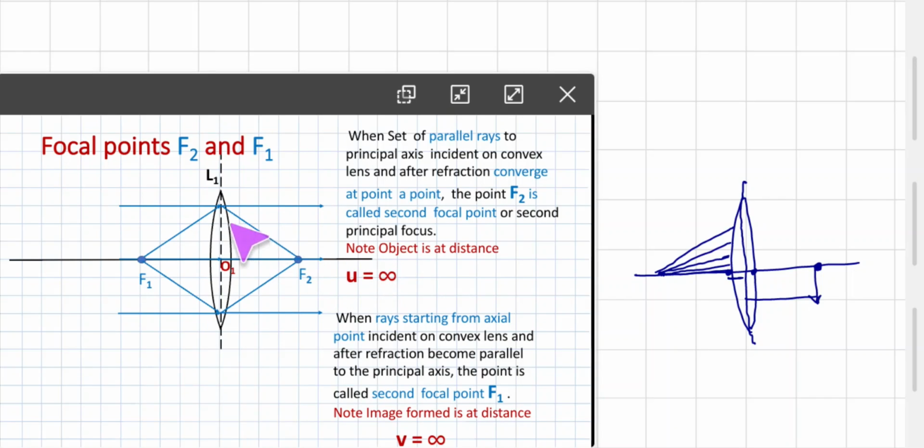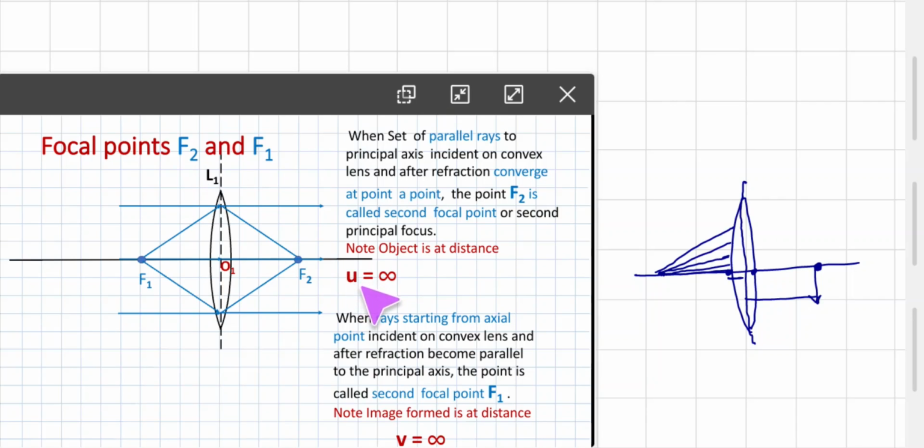So the important thing is that in the first case, the object was at infinity and rays were coming parallel, and refracted rays were meeting at the focal point. Here the rays are coming from the focal point and after passing through the lens they go parallel. So when rays starting from an axial point, a point on the axis, become parallel to the principal axis after refraction, the point is called the first focal point. In this way, these are two cardinal points, F1 and F2.